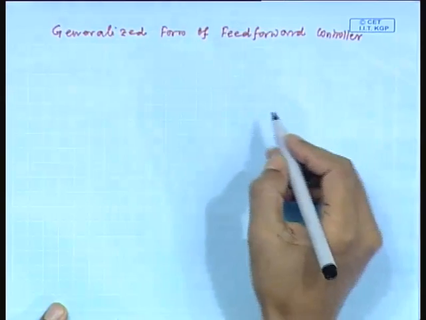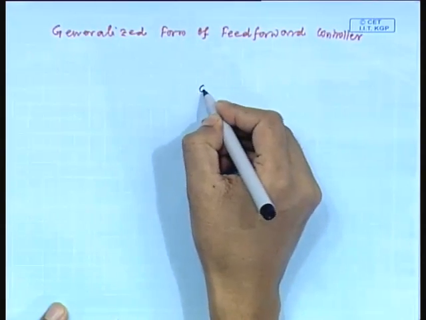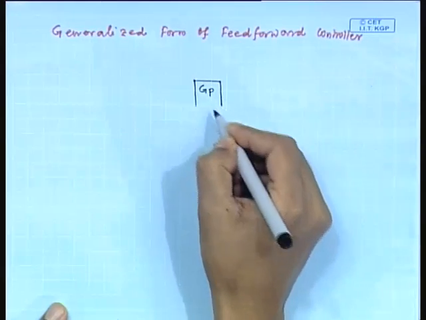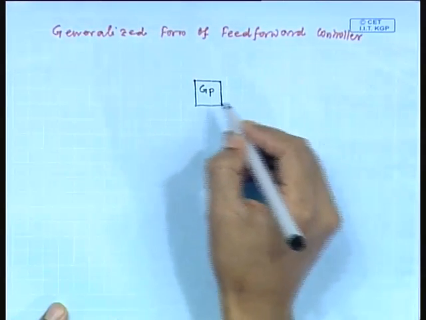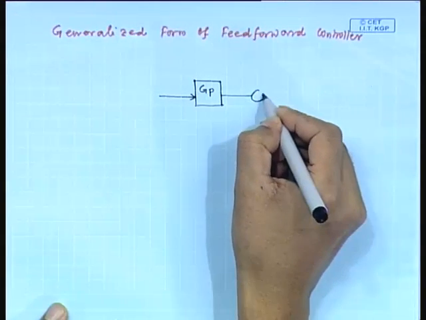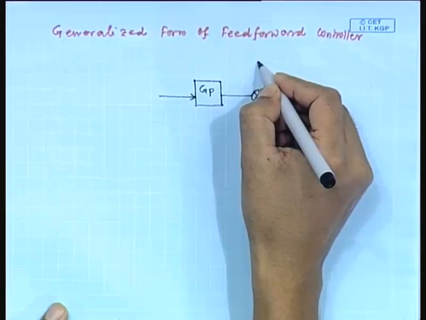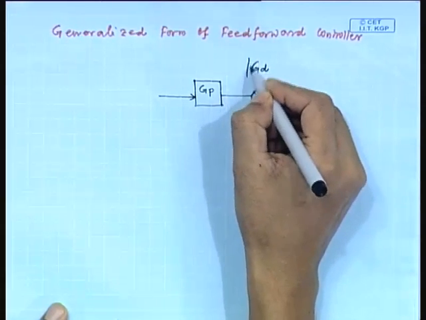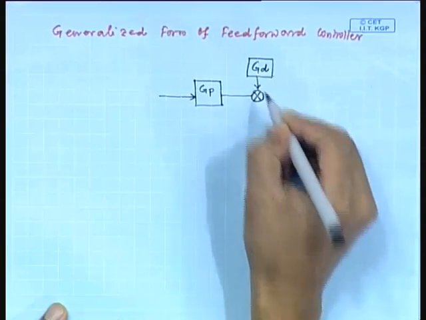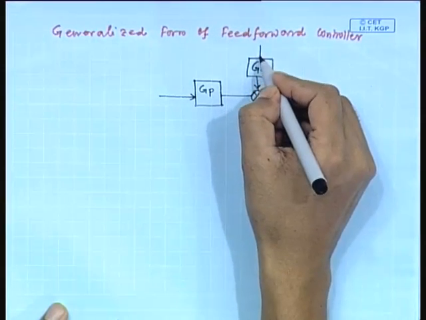Fine. So, for this we first draw the process. There are two transfer functions, one is GP, another one is GD.